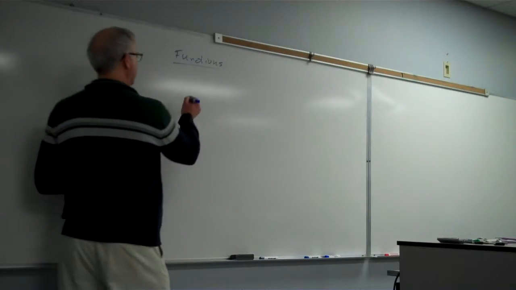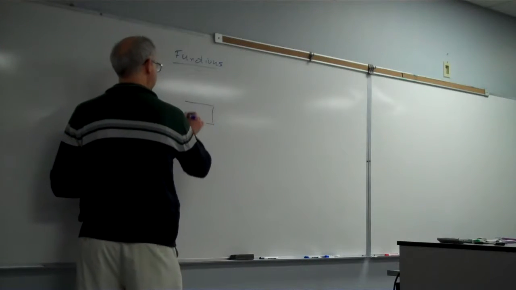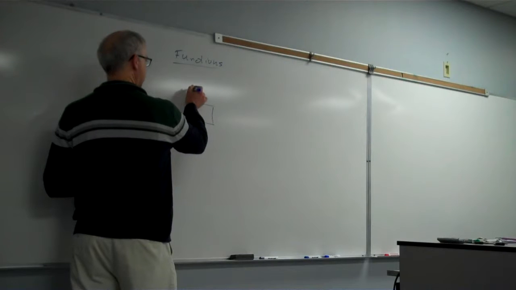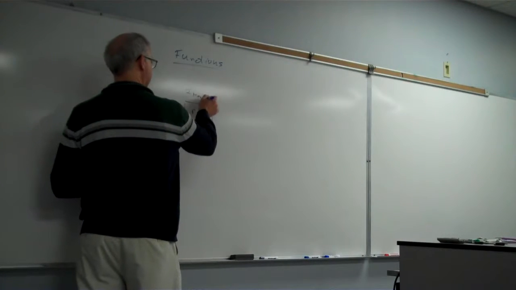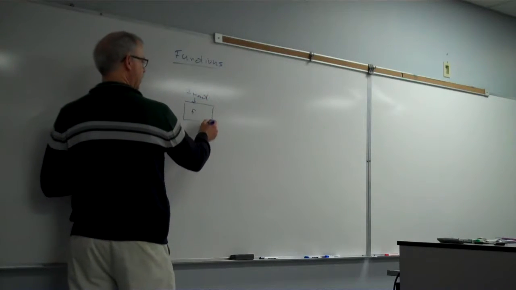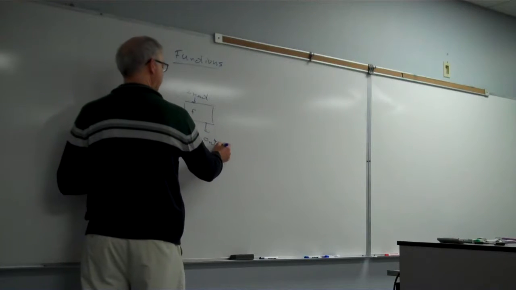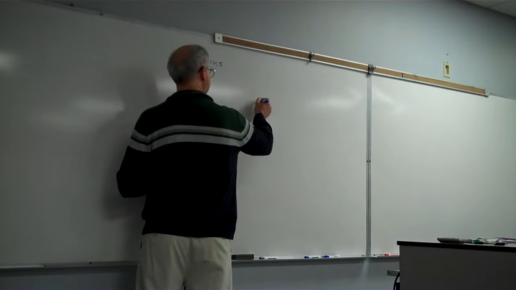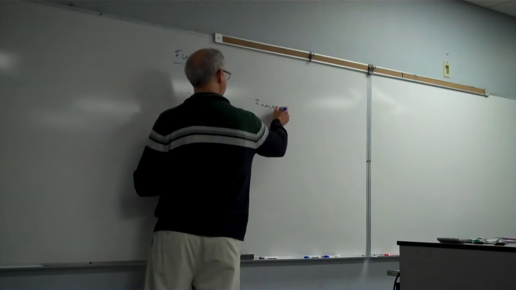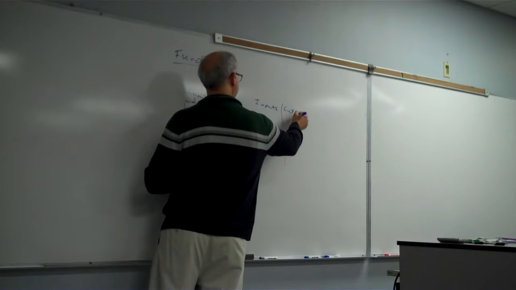Okay, input, output. So we can kind of draw something like this, and so we input something and we get an output. Or we can put it in a table of inputs and outputs.